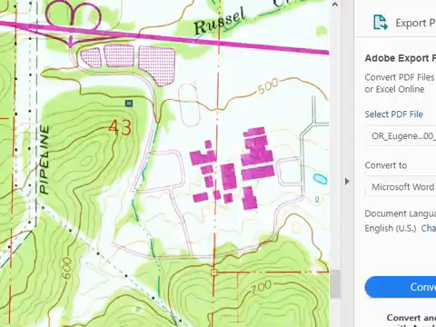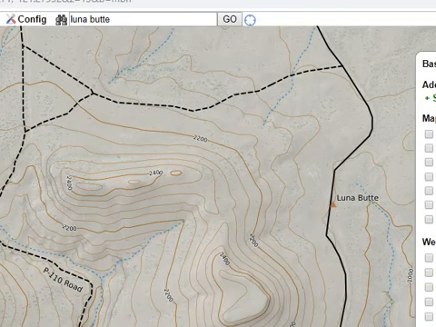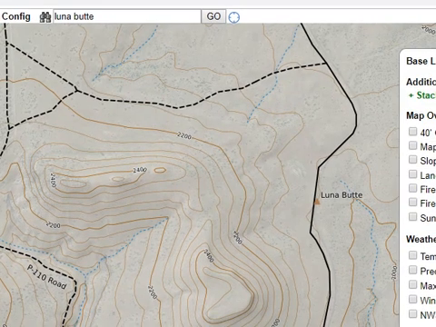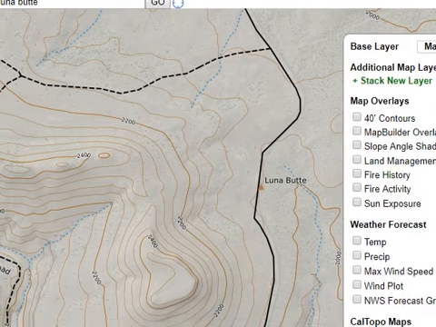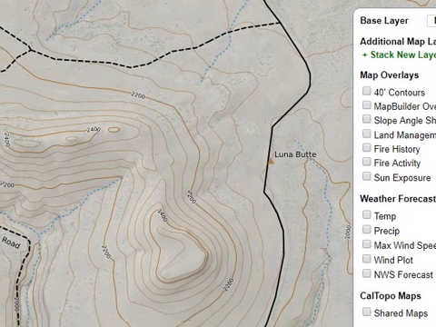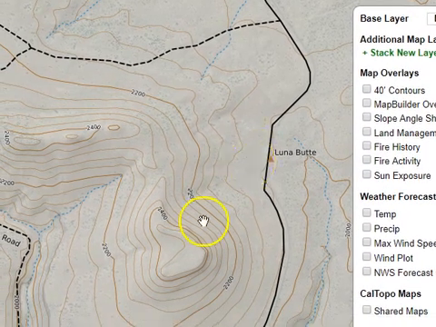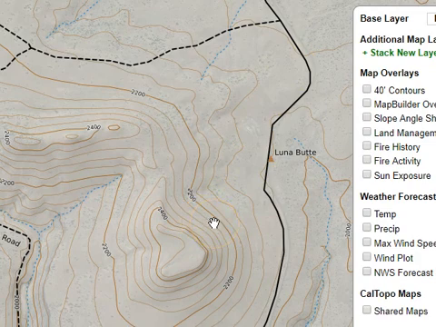I'm looking at a map program called CalTopo, which has some really nice options, and we'll be using this off and on this term. In this example, I have a topographic map, and I don't know the contour interval, but it's pretty easy to figure out.